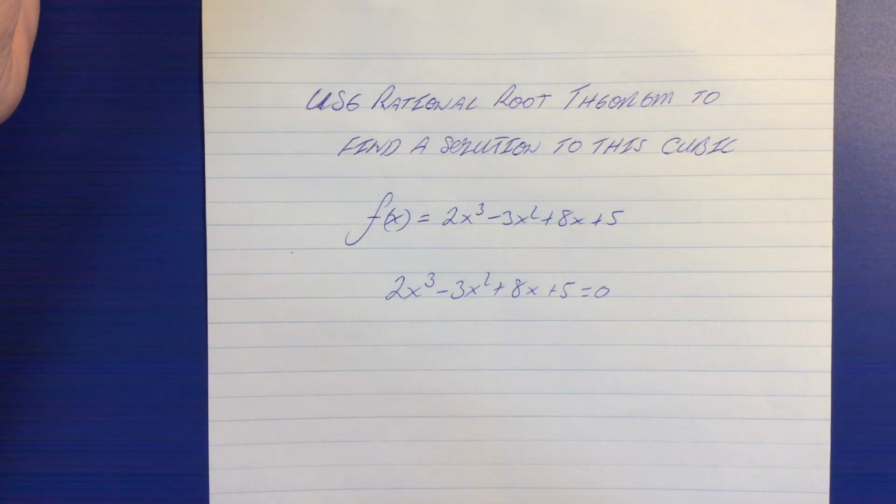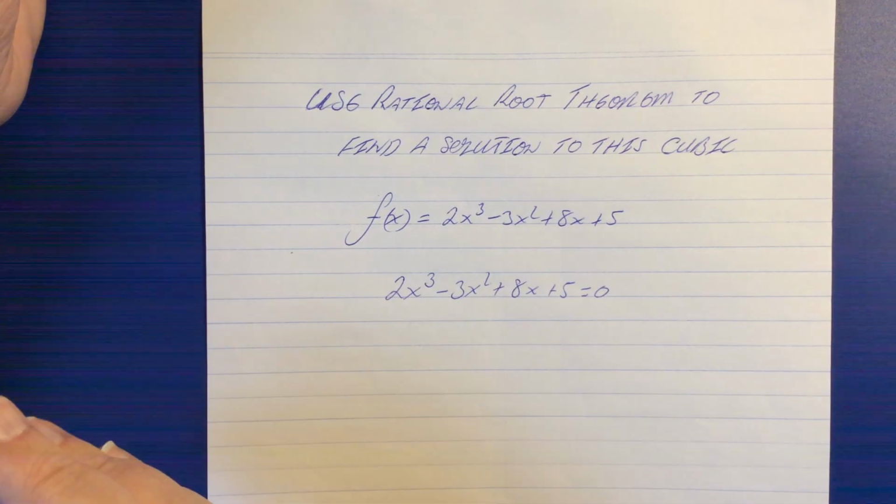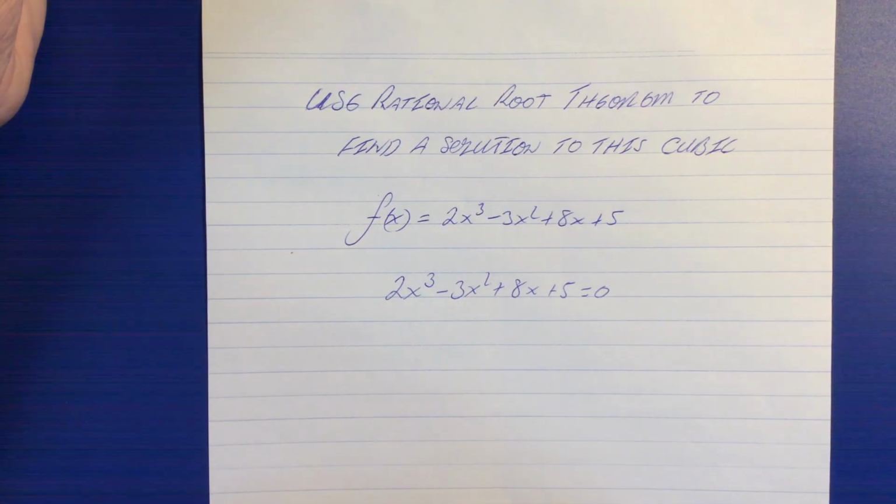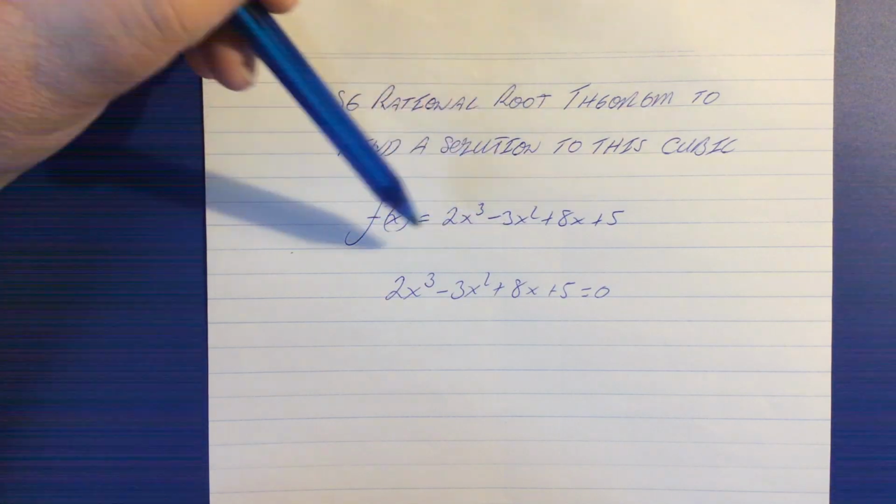Now, the rational root theorem is a way around this. It doesn't mean that you don't have to use the factor theorem to start with. We've been told to use the rational root theorem here.